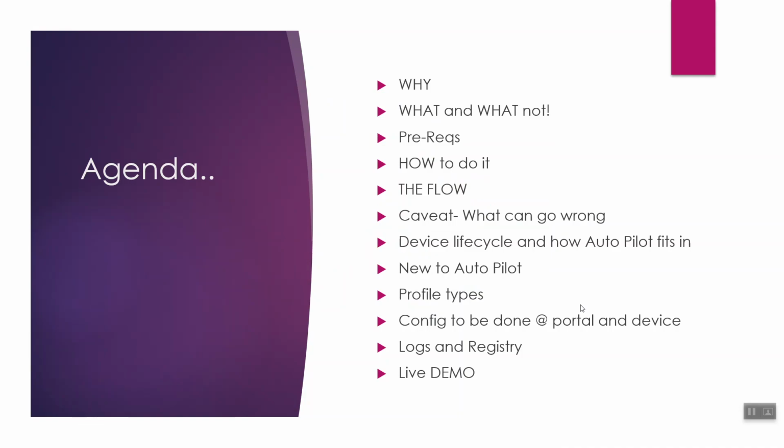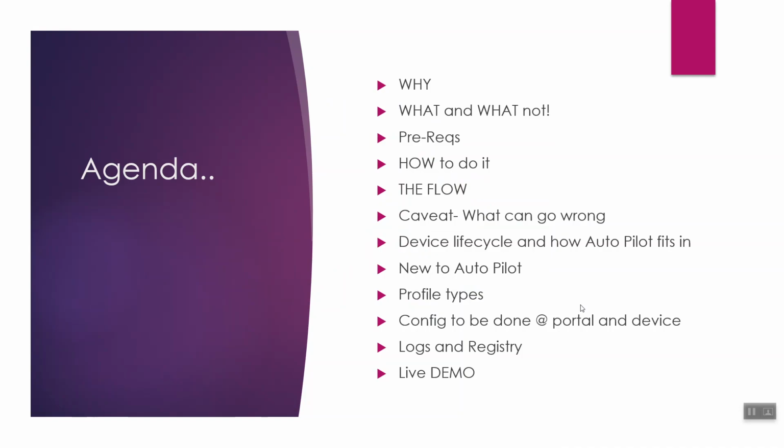So this is what we established in this session. We found out what Autopilot is, what it is not, the prerequisites, how we can do it. We saw how we can do it from the Intune portal, and we can also do it from the Store for Business. We saw the flow, we saw what can go wrong, as well as the error codes. We saw the normal life cycle and where Autopilot fits in that.